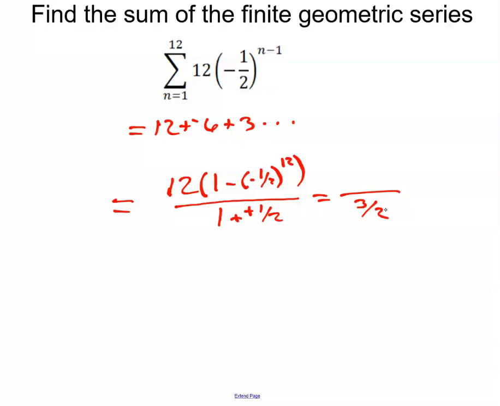Times it by 12, and then you get 11.997, and we need to divide that by 3 halves, which is 1.5, and you get a total of 7.998.